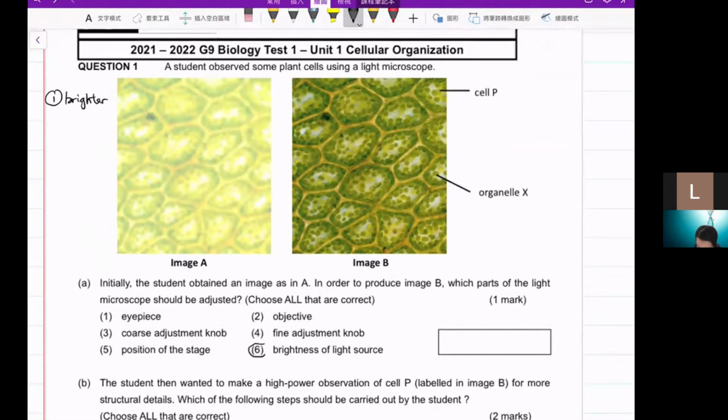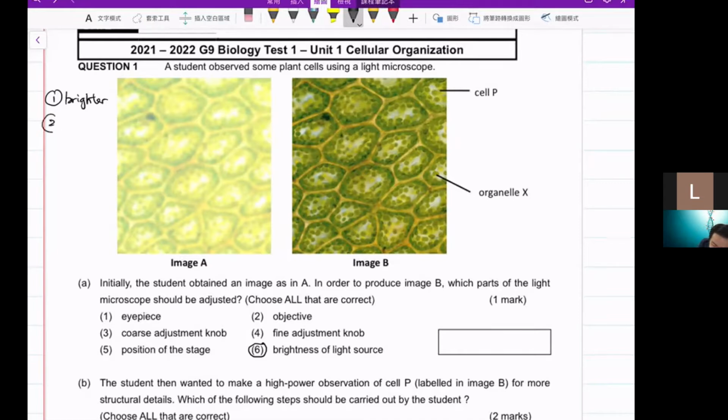So 6 is the thing that you need to do. You need to adjust the iris diaphragm in order to let less light enter the microscope. Okay, so it makes the image dimmer. So this is the first thing you need to do.